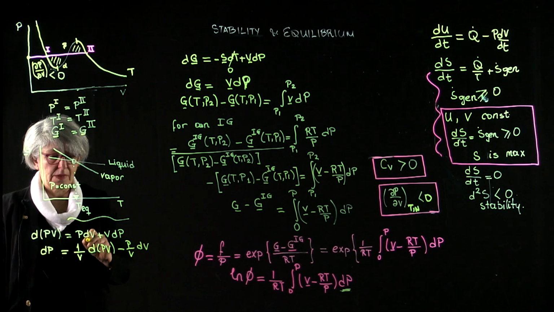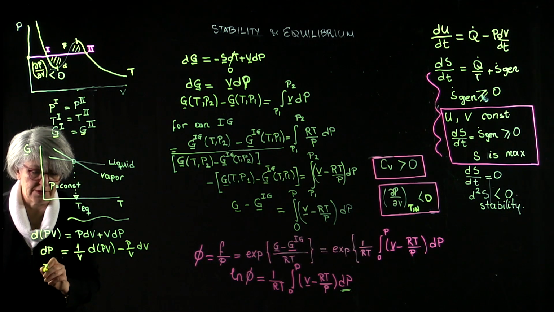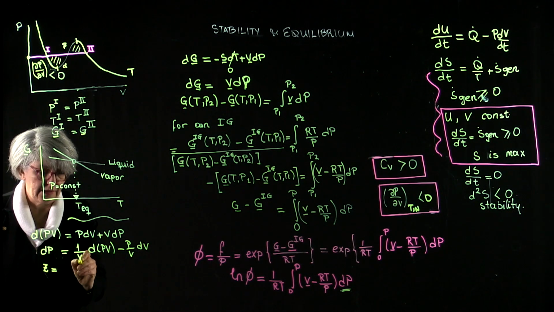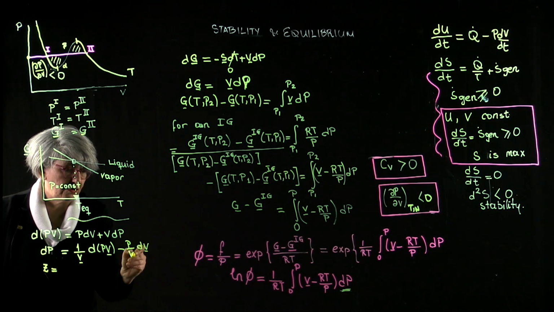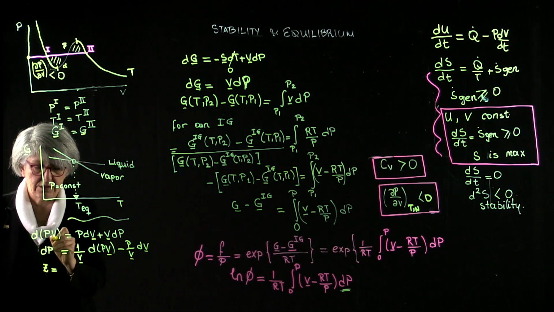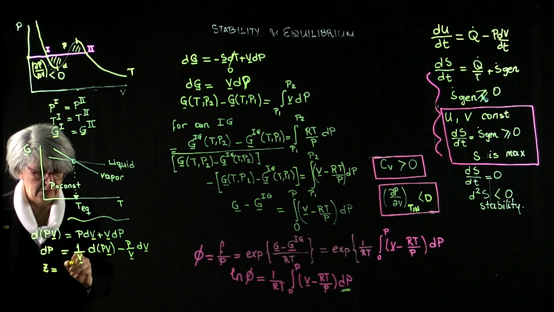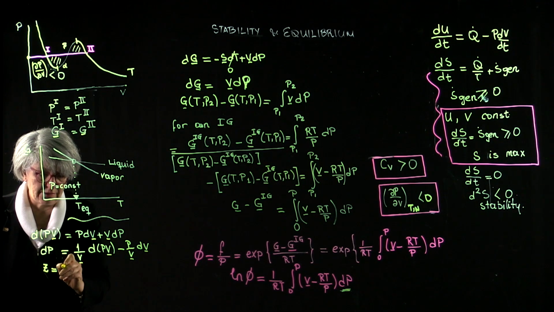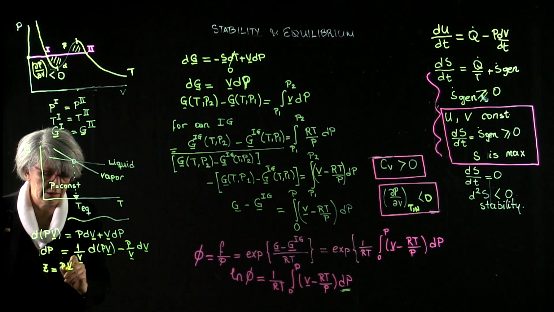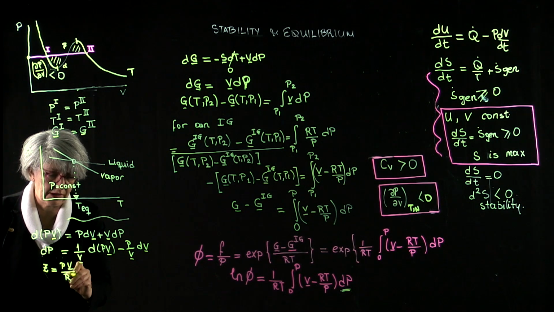All right? Remember, the compressibility factor was, and of course, all of these volumes are intensive volumes, Z was equal to PV over RT.